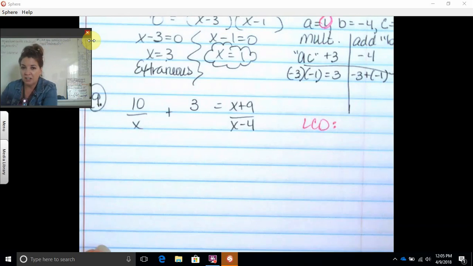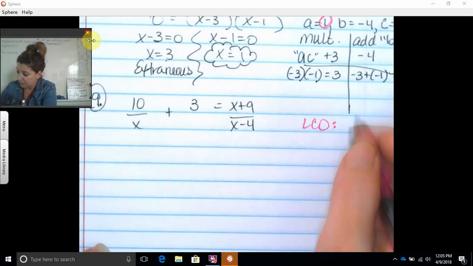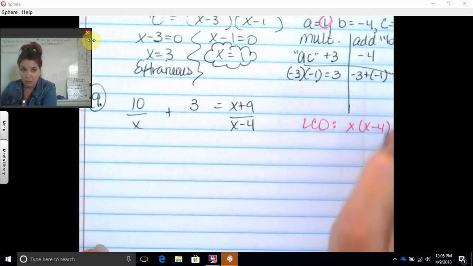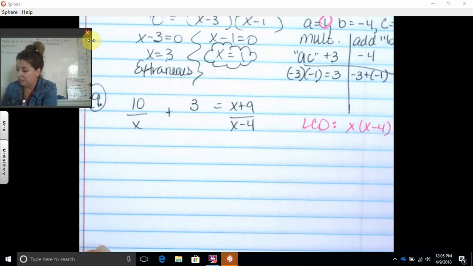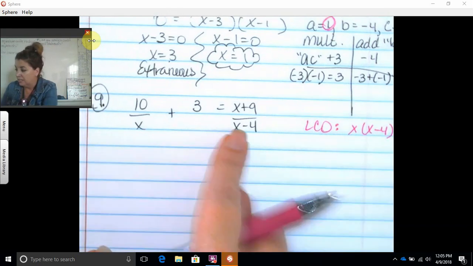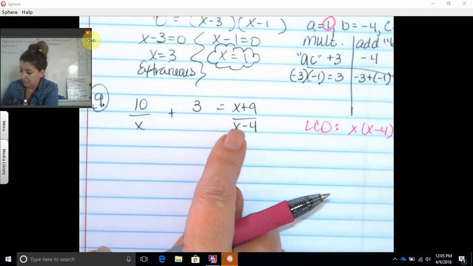All right, number 9, we said our least common denominator was x and x minus 4. So I'm going to multiply, of course, every term. Nothing can be factored, right? So I'm going to multiply every term by the LCD.